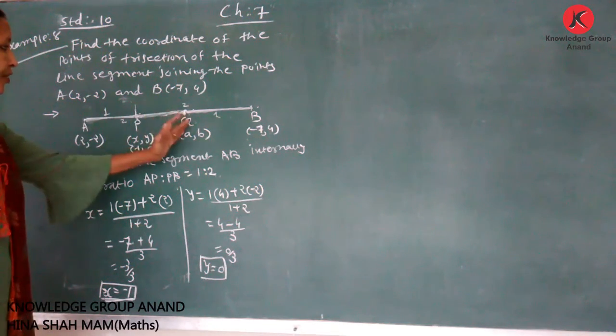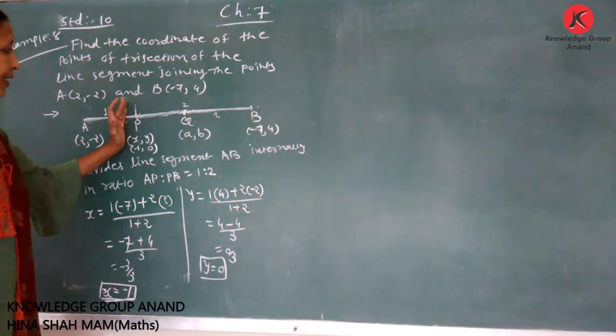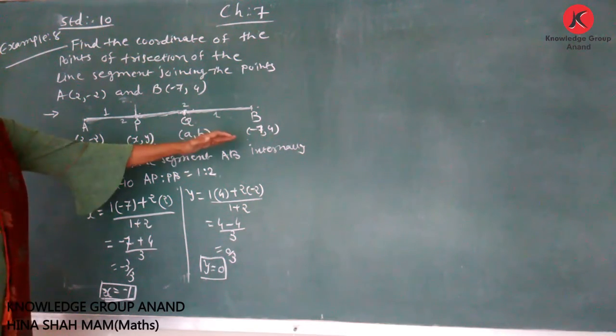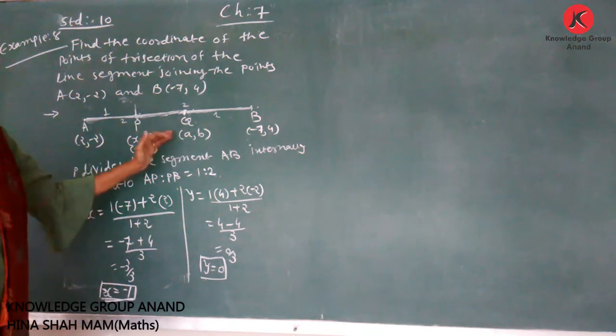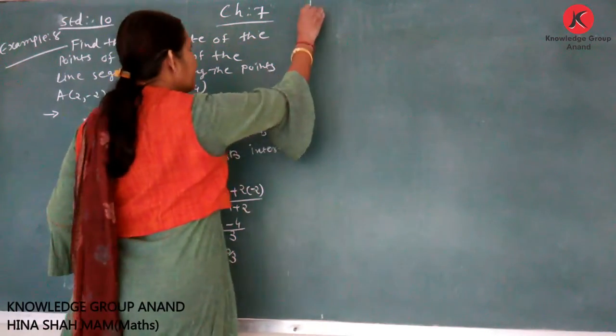Otherwise, you can find Q as the midpoint of PB. For the line PB, the midpoint is x1 plus x2 divided by 2, y1 plus y2 divided by 2. Here we find both methods.